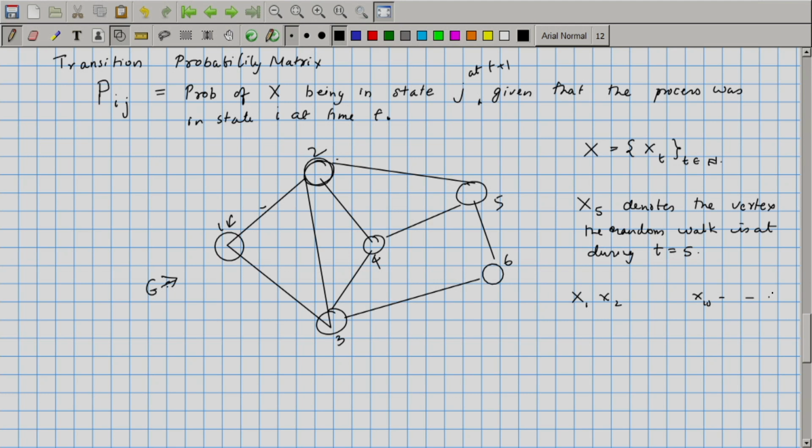So, this is a Markov chain, because it does not really matter. The probability that, let us say, x20 is equal to 3 given x19 is equal to something alpha 19, x18 is equal to alpha 18 and so on, does not really depend on the history by much.